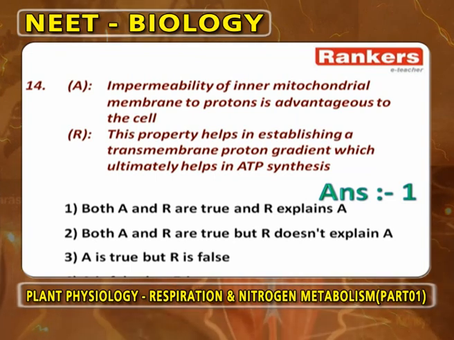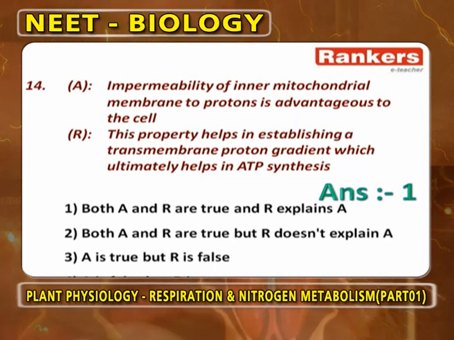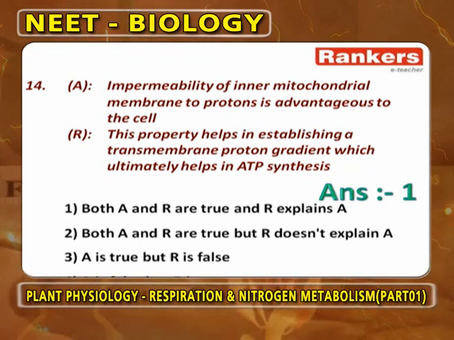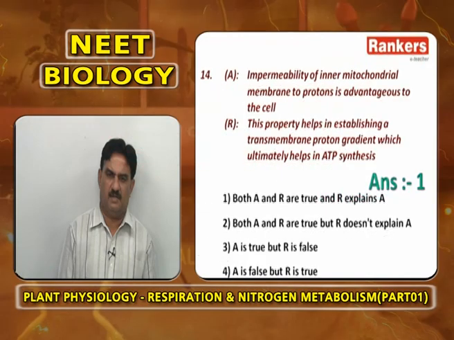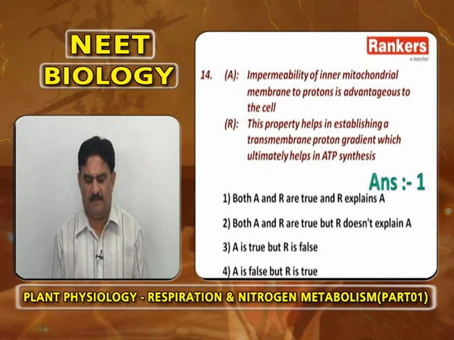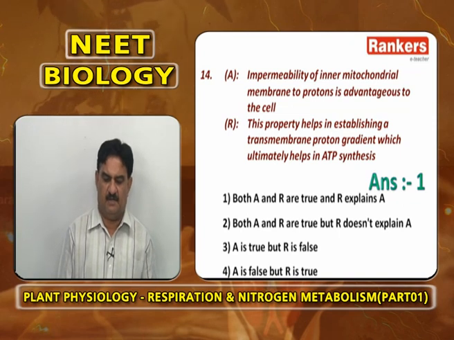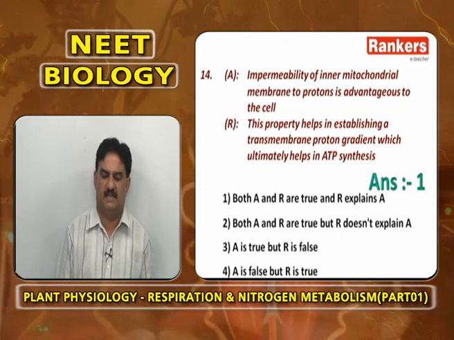Impermeability of the inner mitochondrial membrane to protons is advantageous to the cell. Because of impermeability, protons move through the coupling factor complex, and when they reach CF1, for every 3 protons 1 ATP is formed. So, this statement is correct.